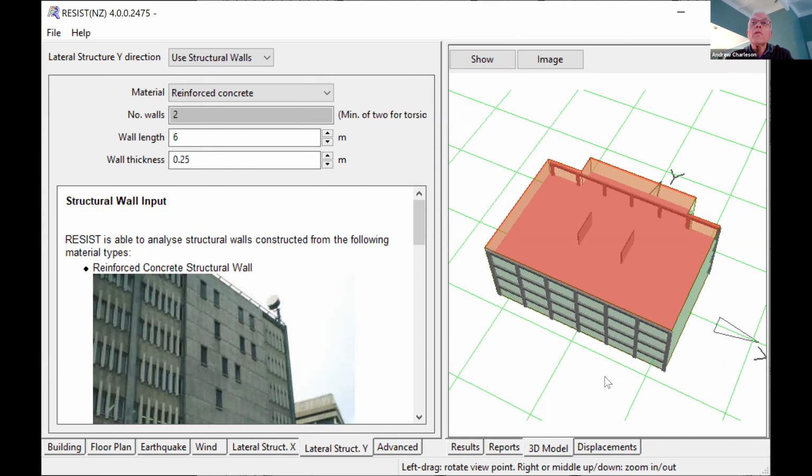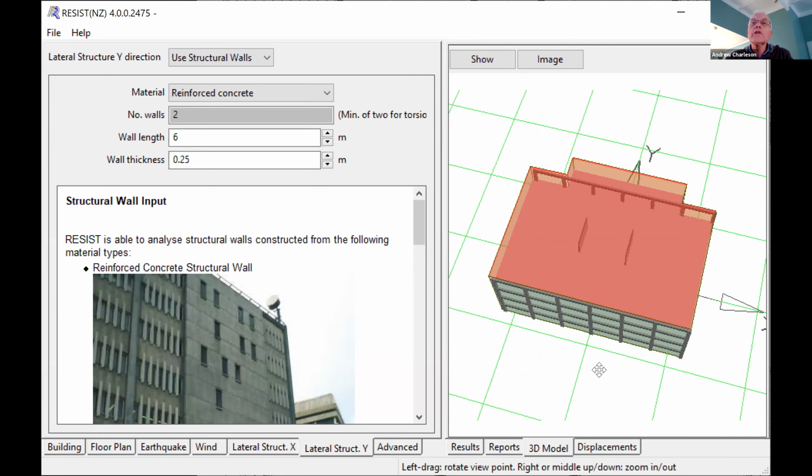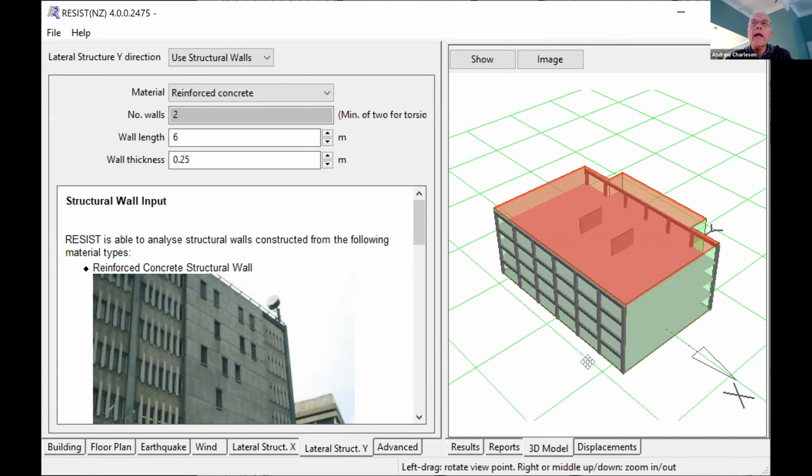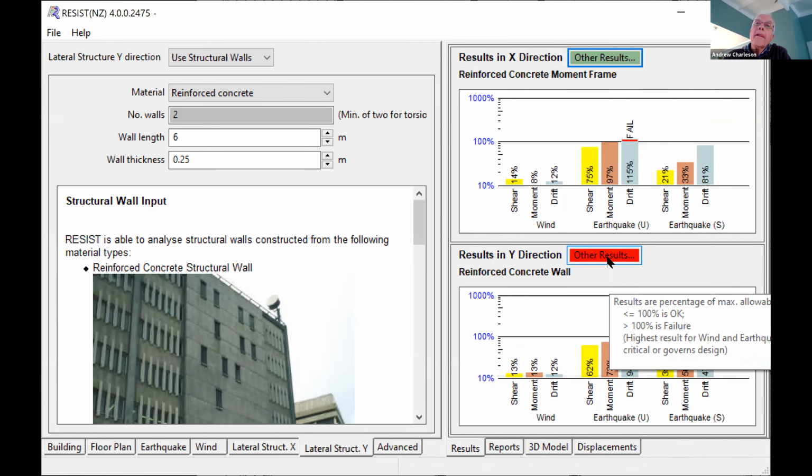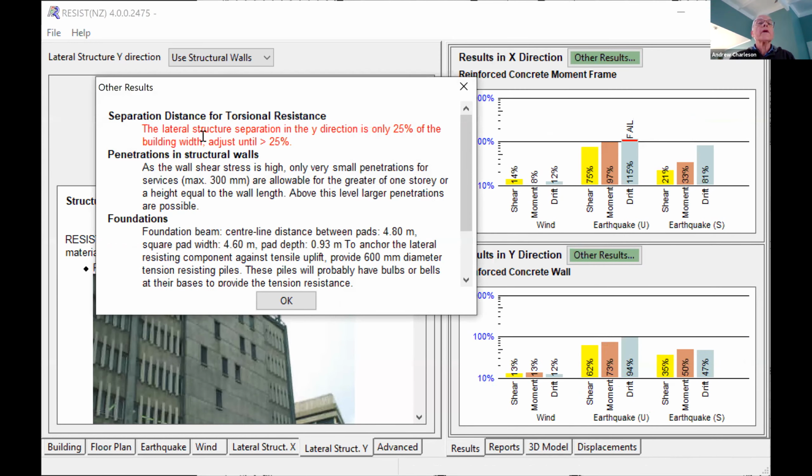So, I've almost finished my design. I go back to my results and see there's this flashing light. I click on it, and it says the lateral structure separation in the Y direction is only 25% of the building width.